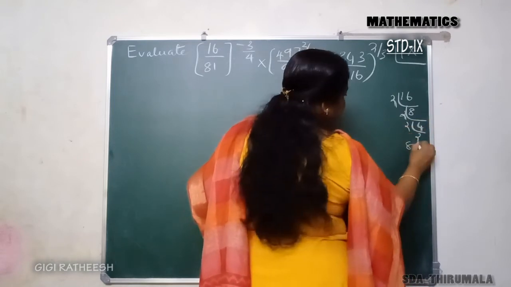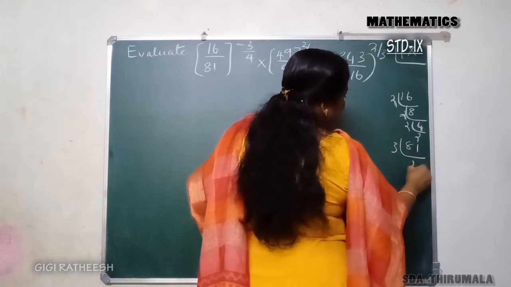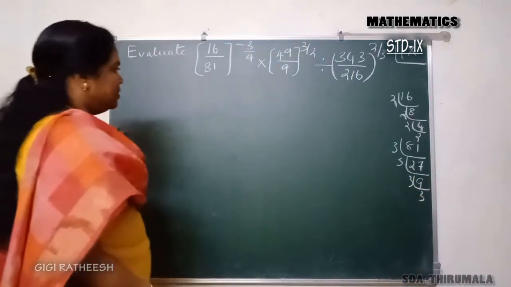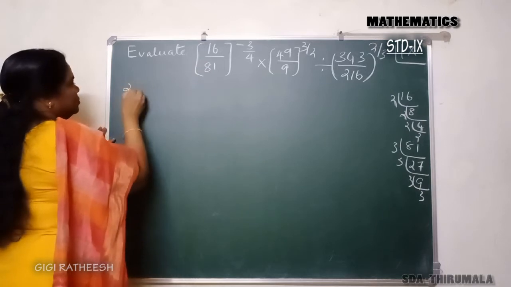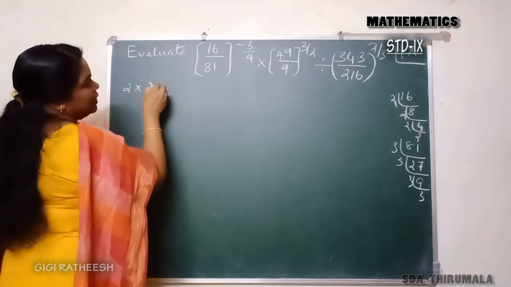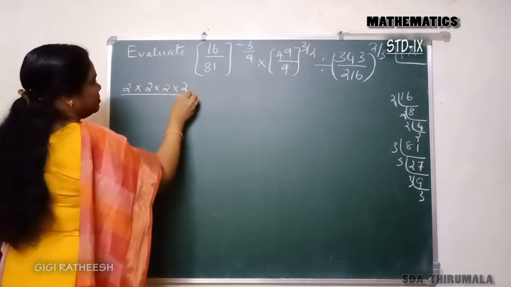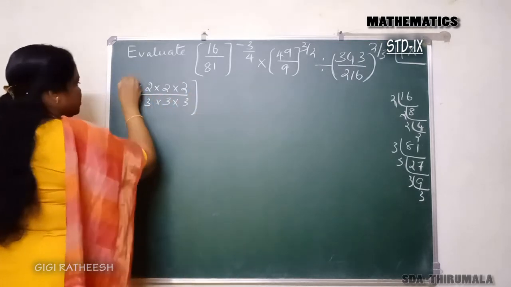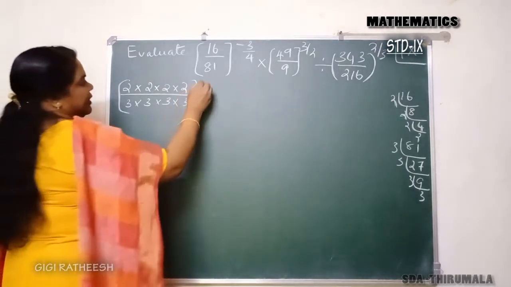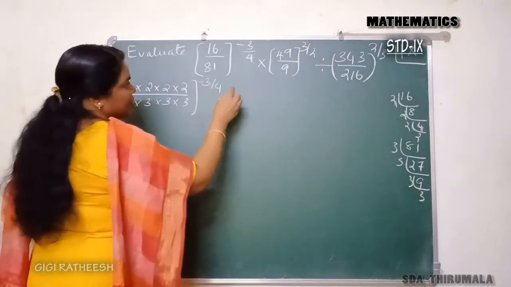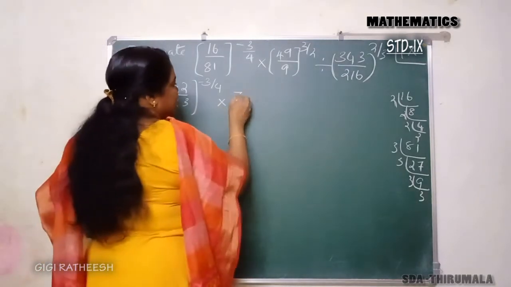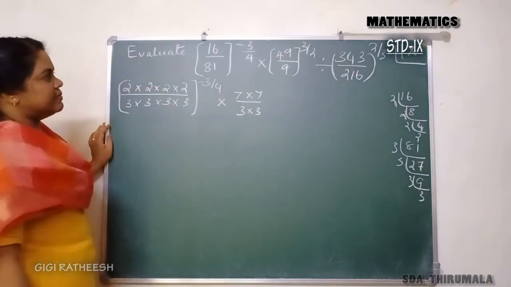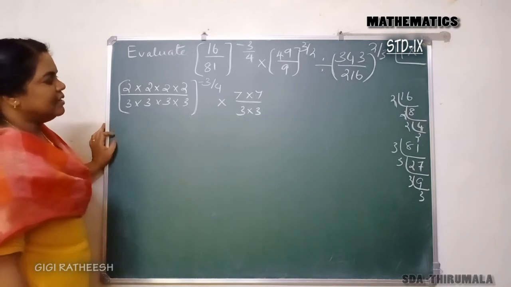And 81 is 3 into 27, 3 into 9, 3 into 3. So we can write it as (2 into 2 into 2 into 2 divided by 3 into 3 into 3 into 3) the whole raised to minus 3 by 4, into 49, which can be written as 7 into 7 divided by 3 into 3. 7 is a prime number, so 7 sevens are 49, and 3 threes are 9, the whole raised to 3 by 2.